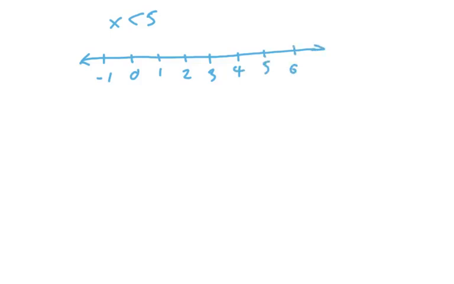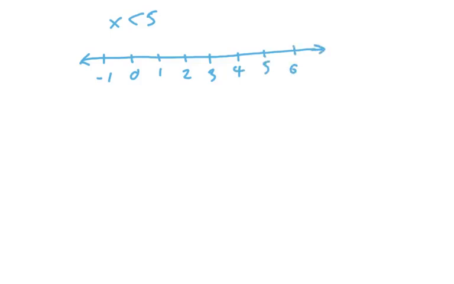Now finally, let's think about how we would represent that answer. One way to do so would be to draw a number line, and we would be looking for all values of x that are less than 5. So maybe I'll have my number line go slightly into the negative numbers, and just a little beyond the 5.